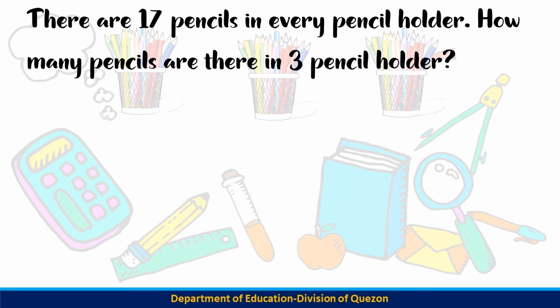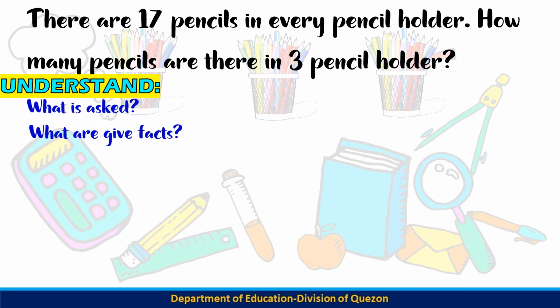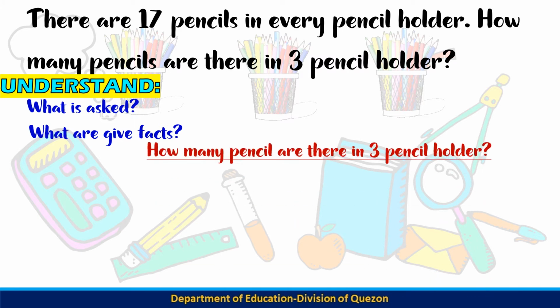There are 17 pencils in every pencil holder. How many pencils are there in 3 pencil holders? To solve this problem, we need to undergo the 4 steps in solving problems. First, understand. What is asked in the problem?